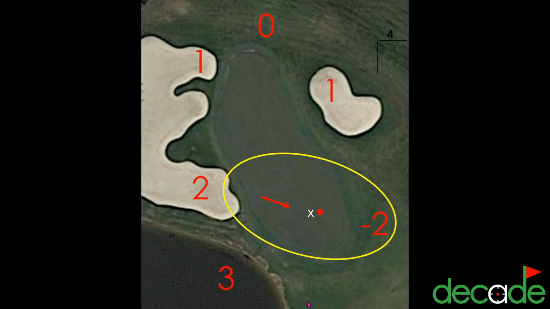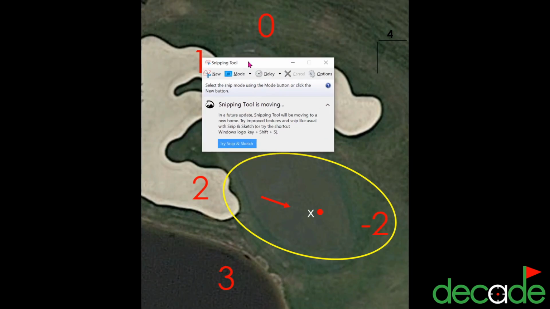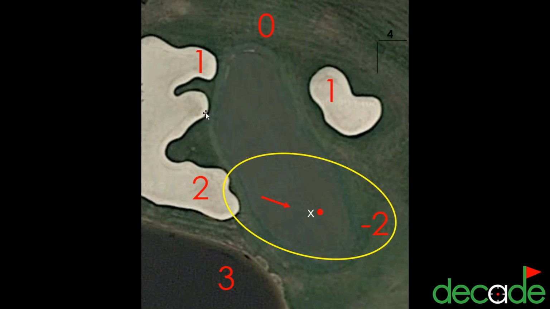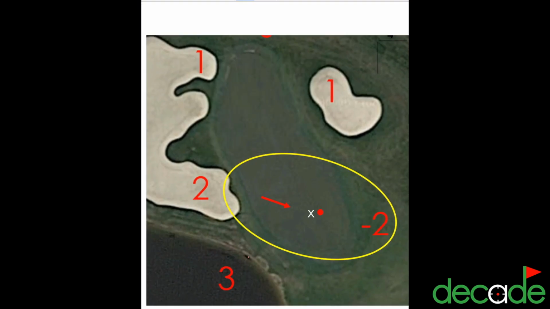And again, the key to that idea is, let me pull in a snippet. Whenever I'm doing these cut and paste things on a PC, it's got the snipping tool. And so the key to this one idea is this target, so we're 139 yards, baseline number 7, 7 plus 3 is 10. As long as our target doesn't get within 10 yards of that hazard, then we're going to be fine.